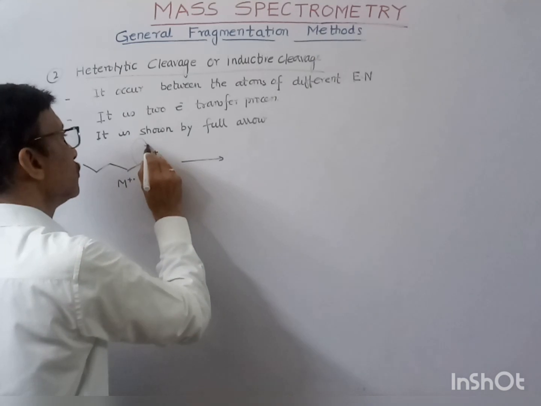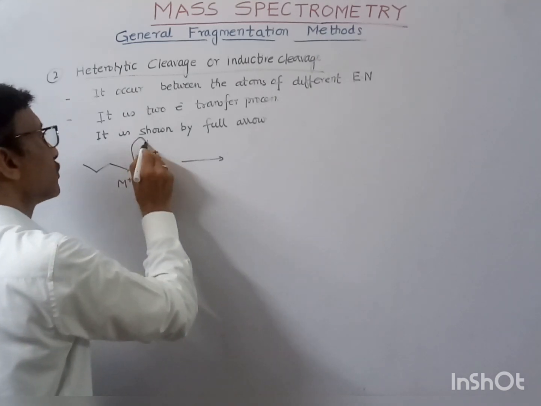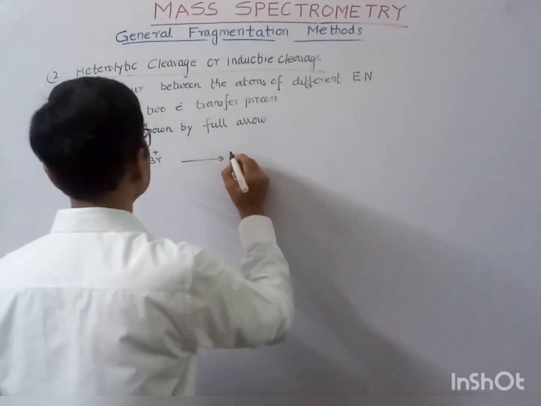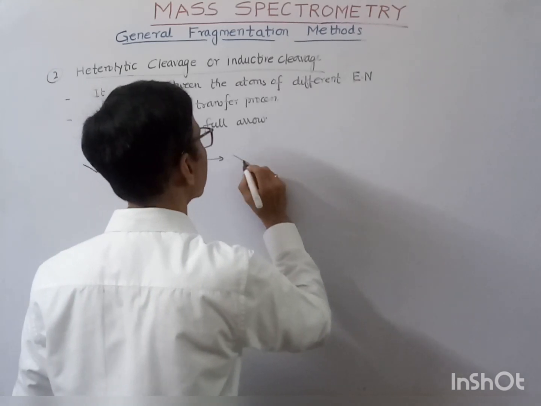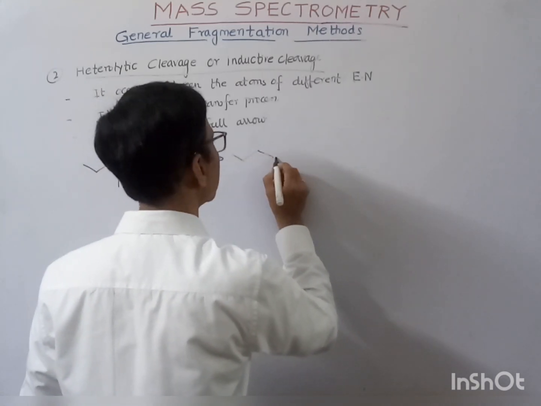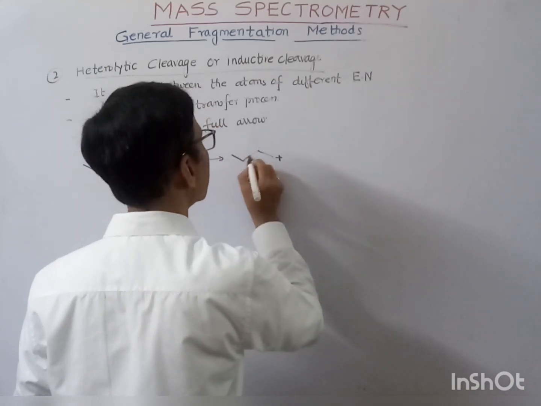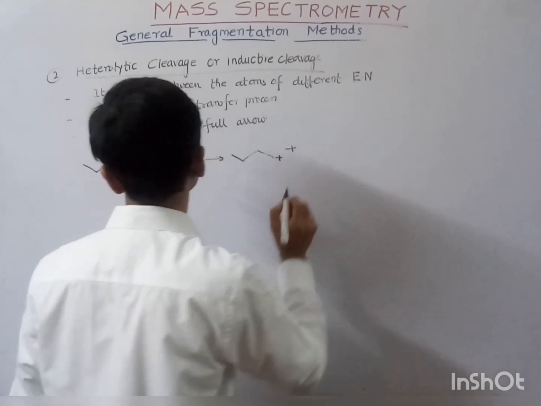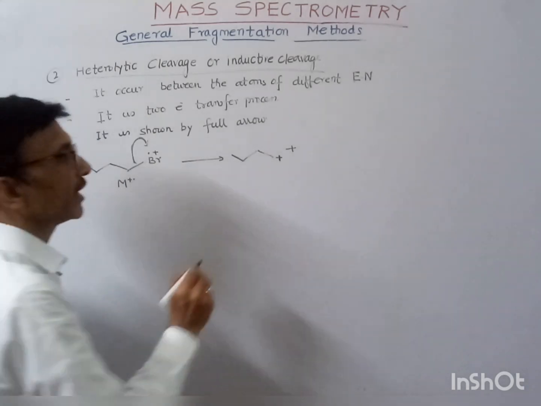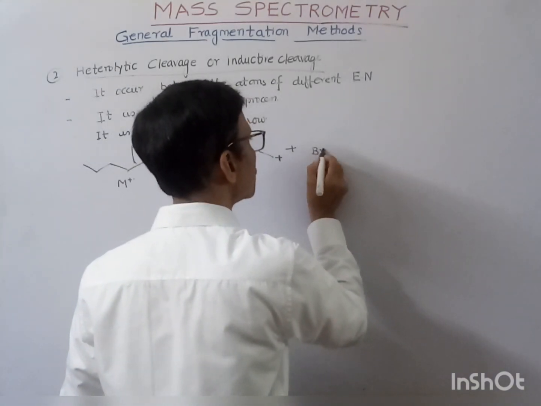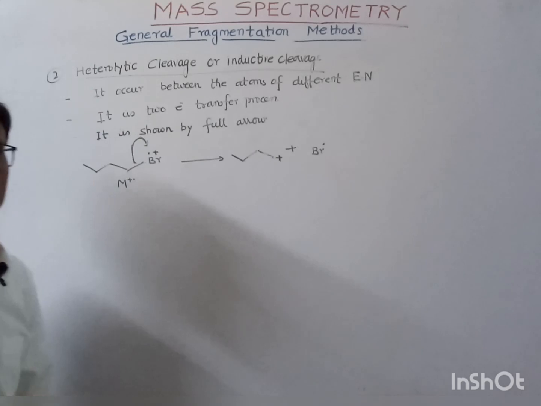So what you will get is this butyl cation, and a bromine radical is formed over here.